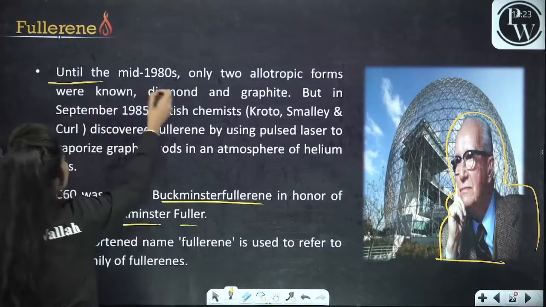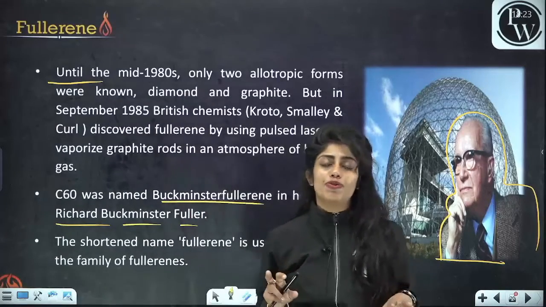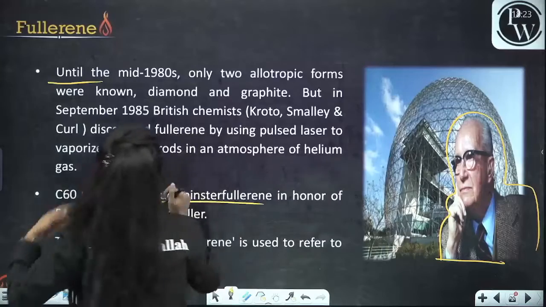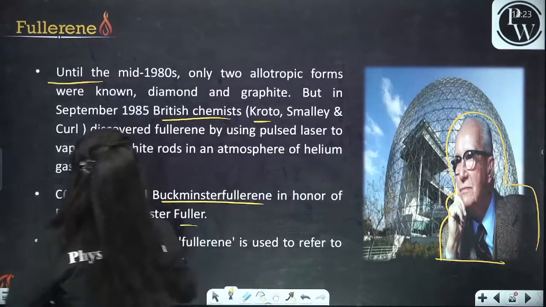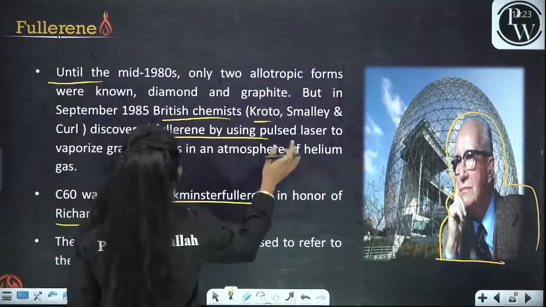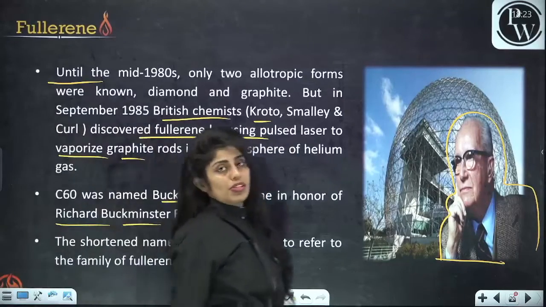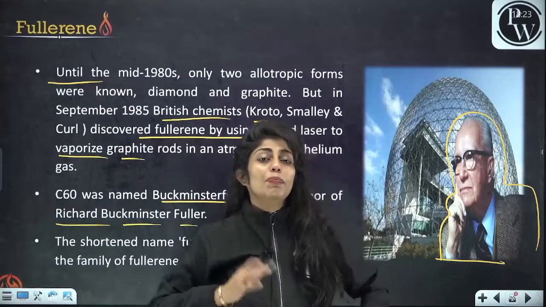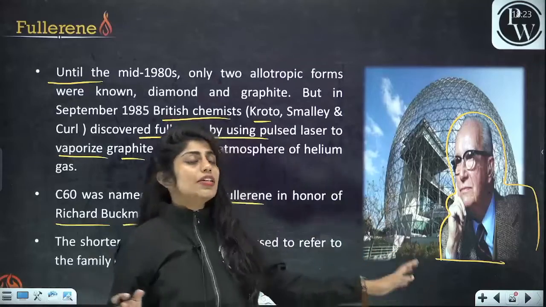So basically until 1918 we had only 2 allotropic forms of carbon.